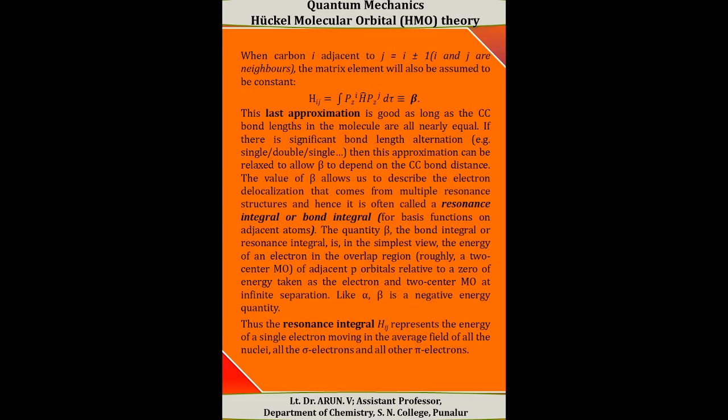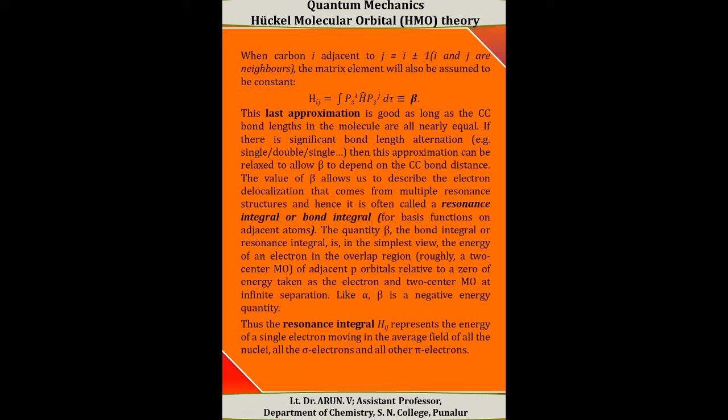The value of beta allows us to describe the electron delocalization that comes from the multiple resonance structures, and hence it is often called the resonance integral or bond integral. It arises from the basis functions on the adjacent carbon atoms.